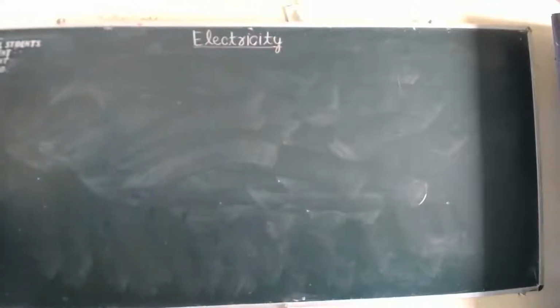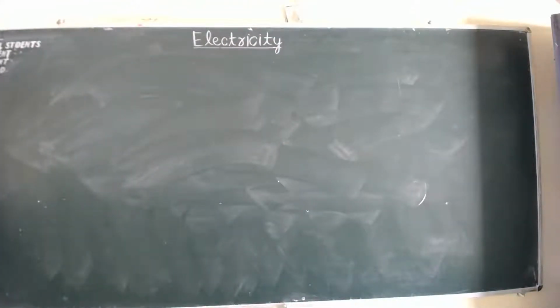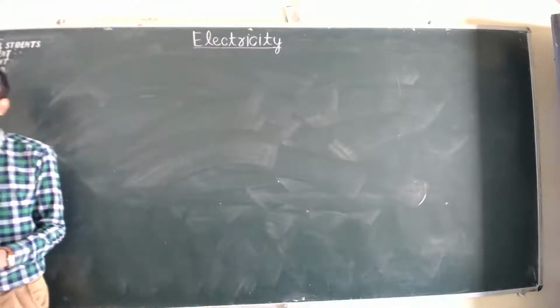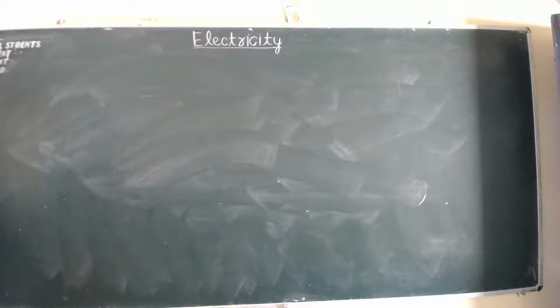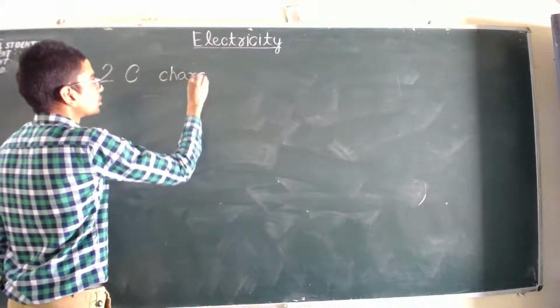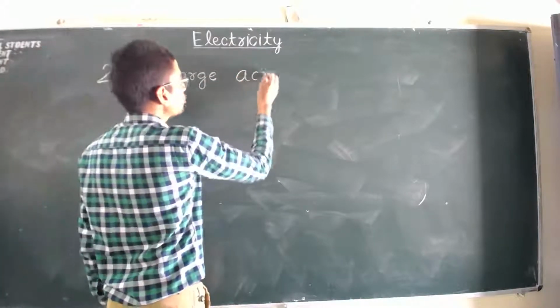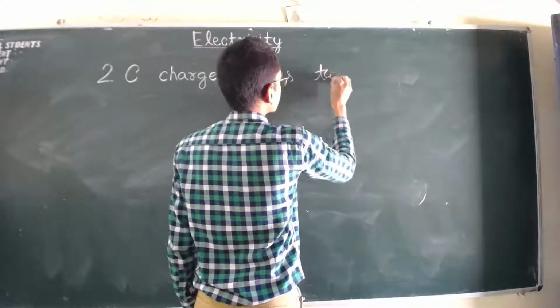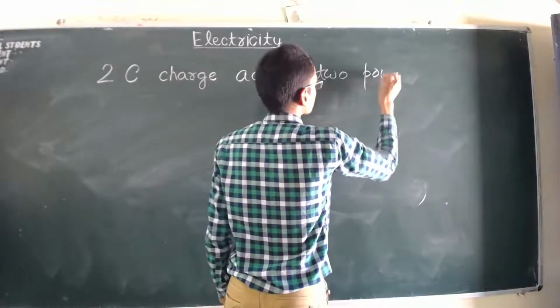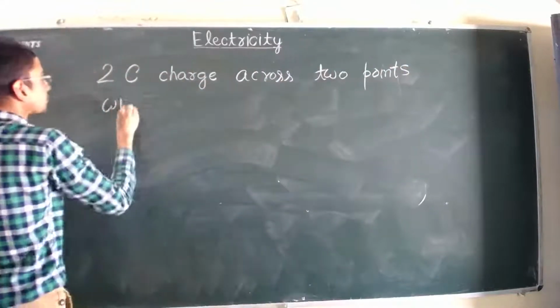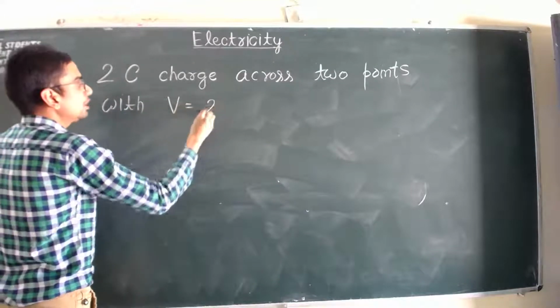Another question I am giving you. You have to answer how much work is done in moving a 2 coulomb charge across two points with potential difference, potential difference को D से लिखते हैं, 20 volt.